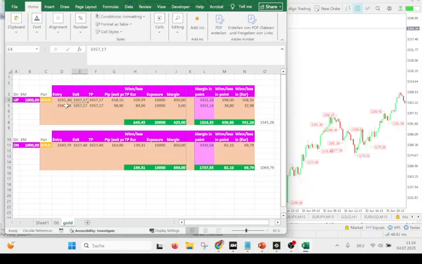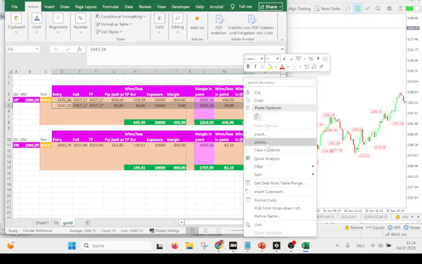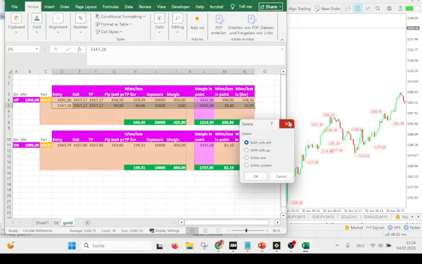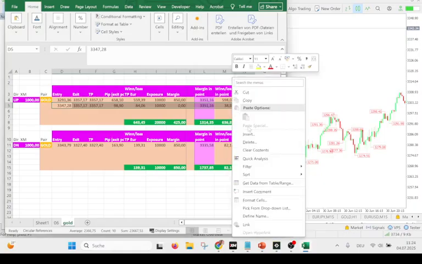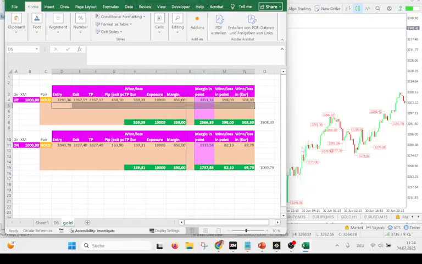So I delete this again. Oh, no, not delete, clear contents. So entering this point would have been a profitable trade till here, but then you would have needed margin.